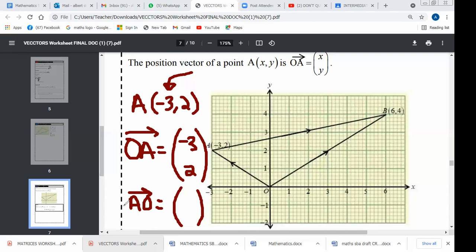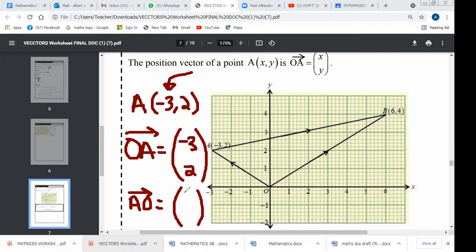It starts with I. So vector OA and AO, they are called what? It would be the inverse vector. Remember that? Types of vectors? Inverse. Right.